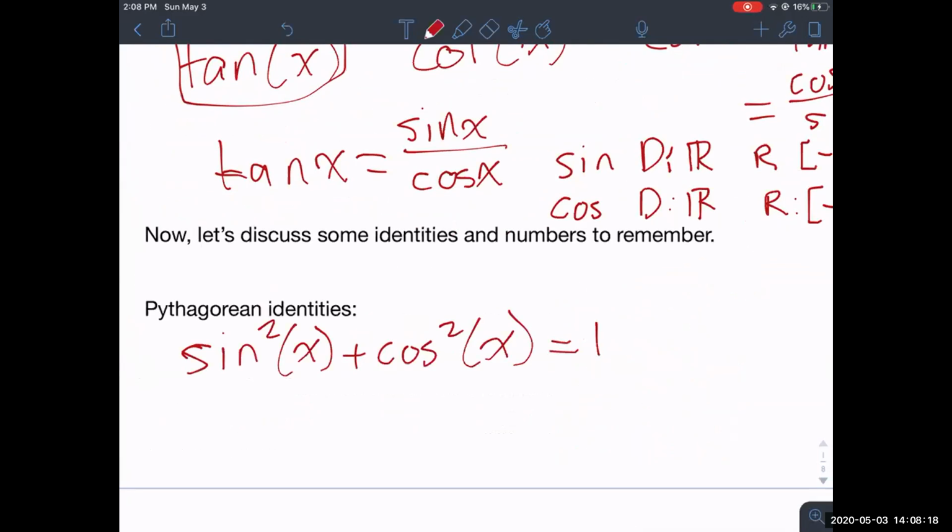This is really important, and it comes up time and time again. Then there are a couple other ones that you can derive from this. 1 plus tangent squared x is equal to secant squared x.